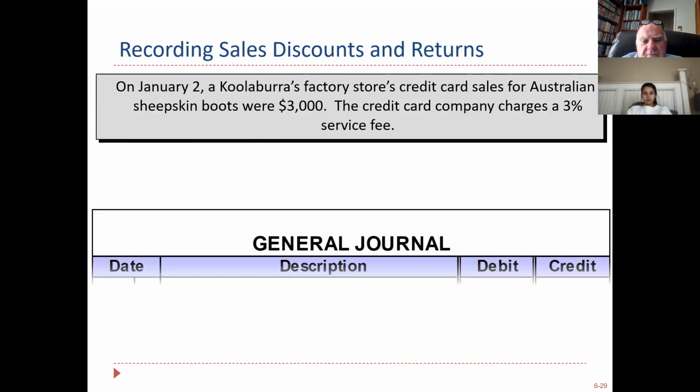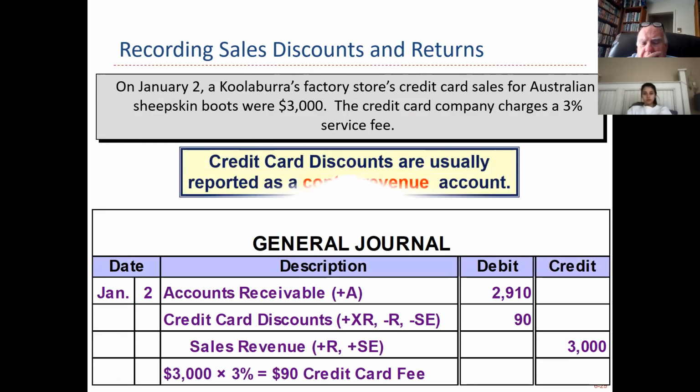Contra revenue account. So get a good look at your journal entry. You see where it says debit accounts receivable? That should be cash. That really should be cash, I think. Credit cards are cash. I don't care what the book says. So the only cash you're going to get is a debit of 2910, right?